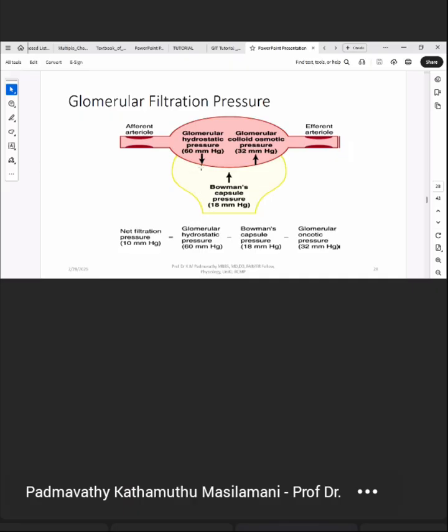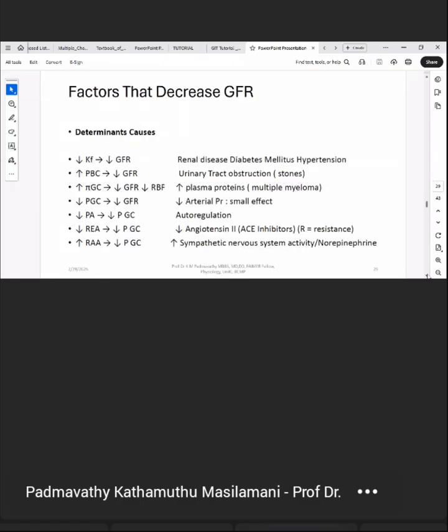So the filtration force is only the glomerular hydrostatic pressure, and the reabsorption pressure is the Bowman's pressure and also the colloid oncotic pressure in the glomerulus. So these are the factors that affect the GFR. The GFR, I think everybody is aware of it.